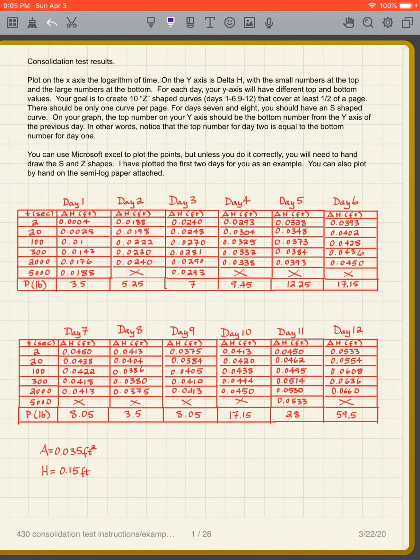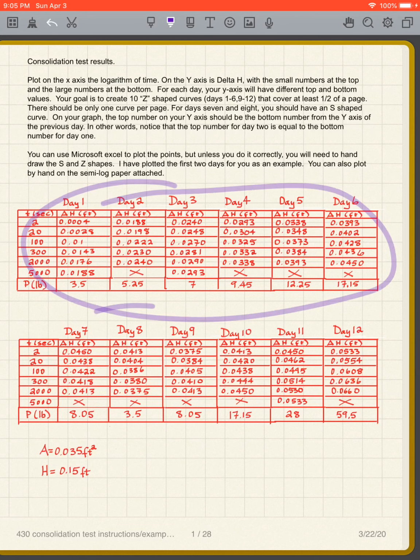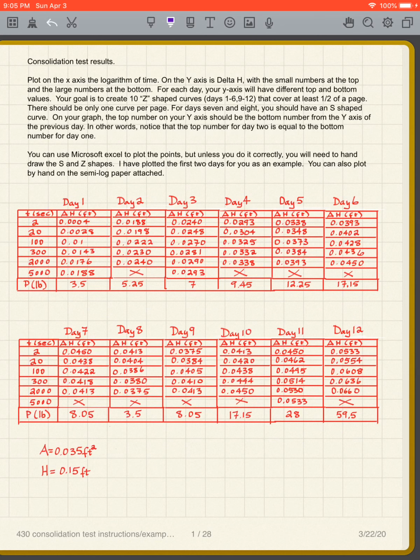So what we want to do then is we are going to plot all this data. We have to plot all this data, and I'm going to show you the way that the plots are made, and then what we are going to calculate from those plots. Now, the way that it's going to be is we're going to have a different plot for each day.